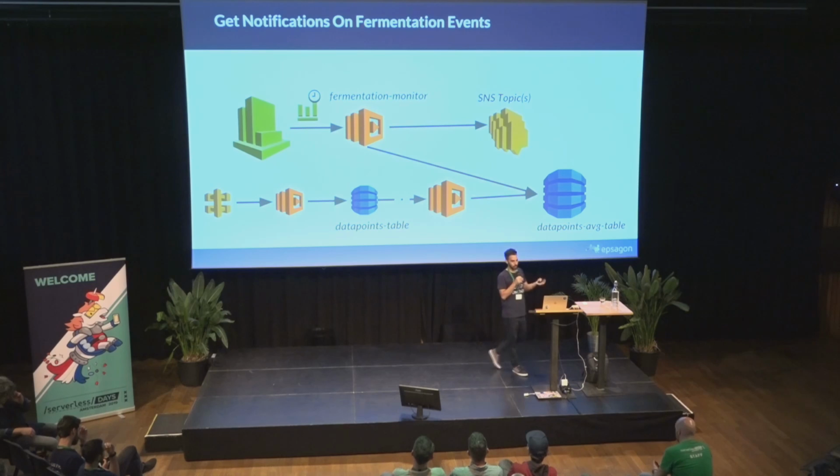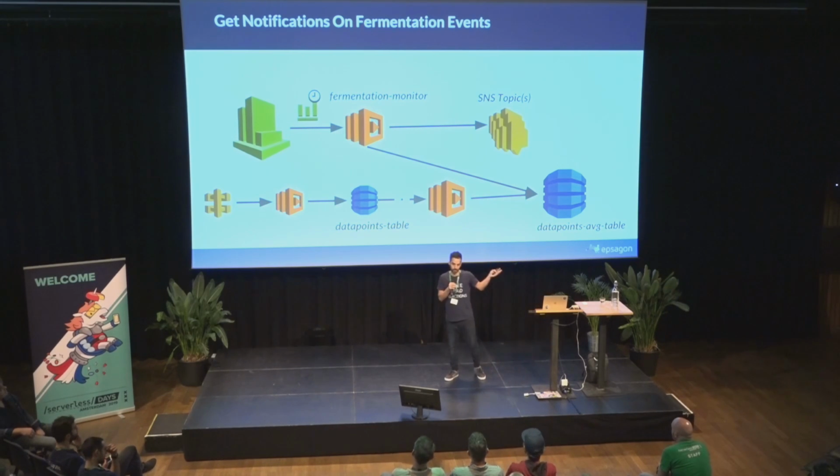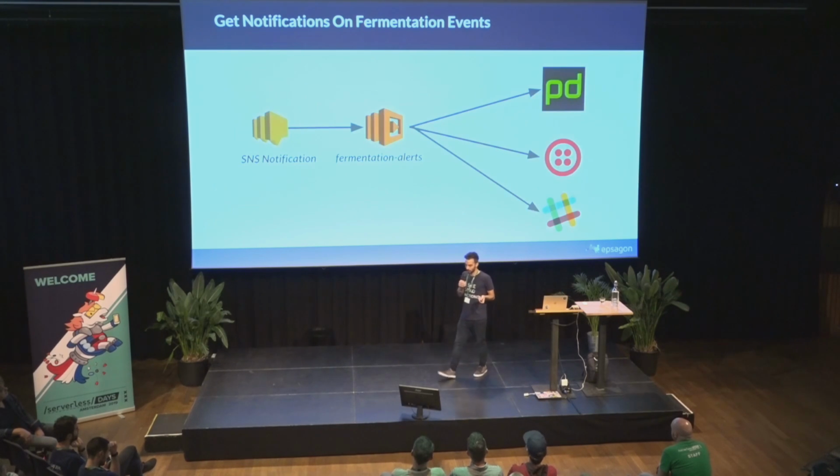And once it finds something interesting for me, it can publish different types of SNS. And with SNS, it's very interesting, because you can probably do anything. You can have that trigger another Lambda, and that Lambda can write to PagerDuty, Twilio, Slack, whatever you want.